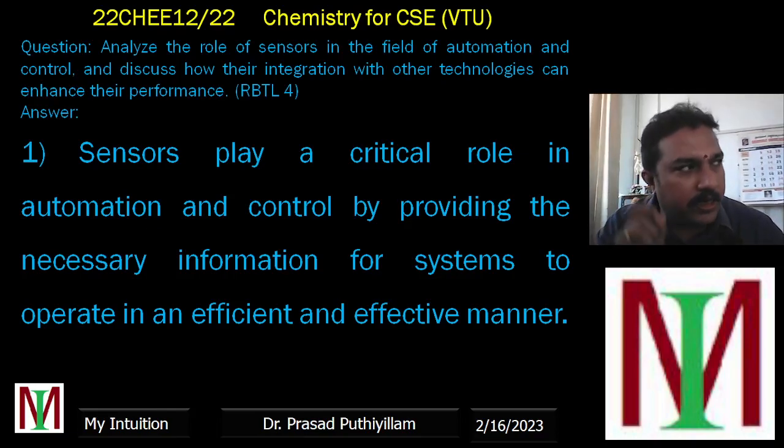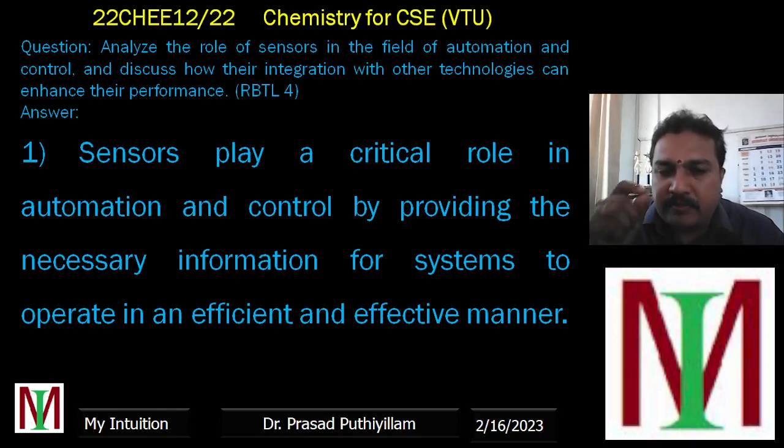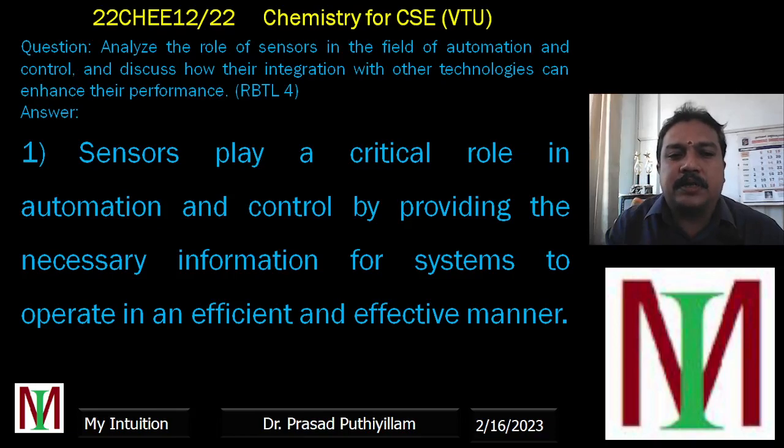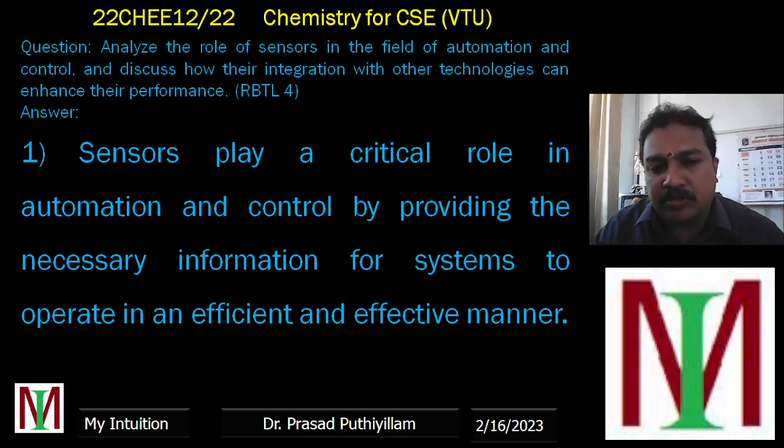I am using a thermometer to check the temperature of a system. That is my work. I can do automation. I can use a small robot there which will check the temperature. So a person's work is replaced with a machine or a tool. We call it automation.